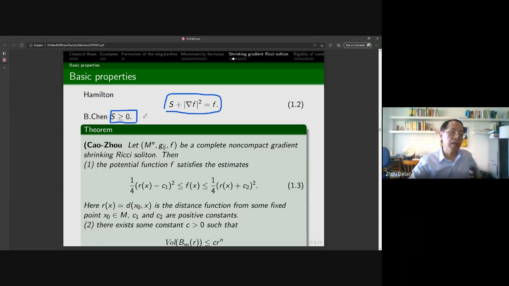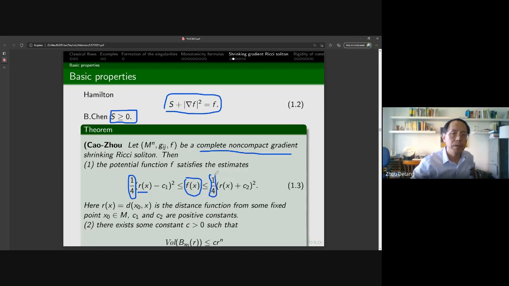Furthermore, it was proved by several people that if the scalar curvature is 0 at a point, then it must be the Gaussian soliton, that is, flat. Also, Zhou and I proved that for any complete non-compact gradient Ricci soliton, the potential function is similar to that of the Gaussian soliton. The important thing is that you have the same constant here.